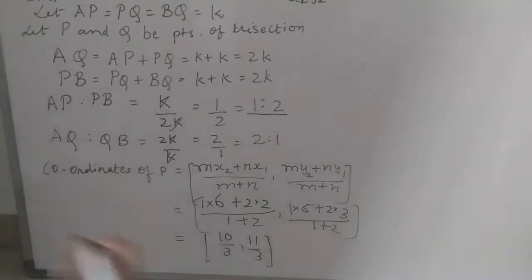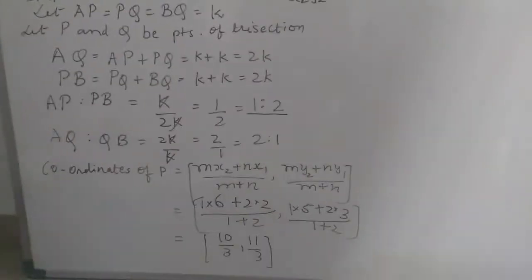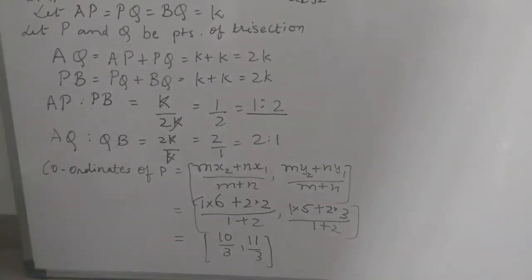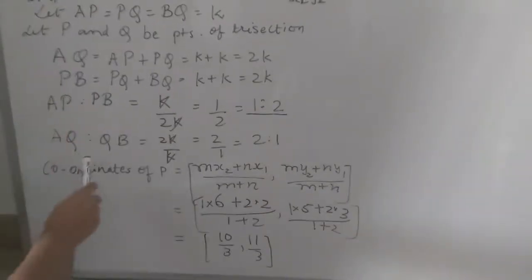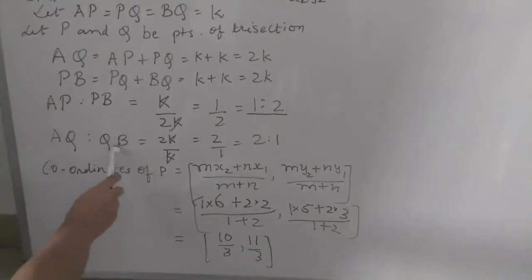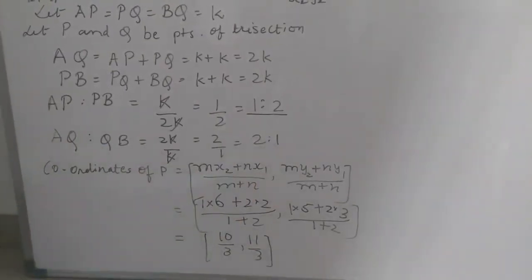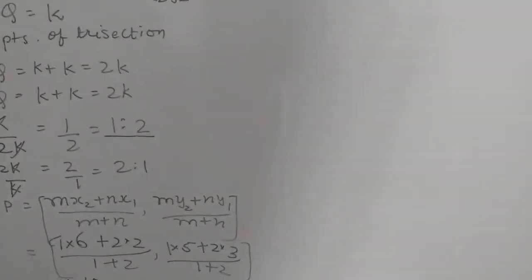So these are the coordinates, 10 by 3, 11 by 3, of our point P. So we have found the coordinates of P. Now we'll find the coordinates of Q. For finding the Q coordinates, AQ ratio QB is the ratio for the division point Q. So now we will start writing here the coordinates of Q.